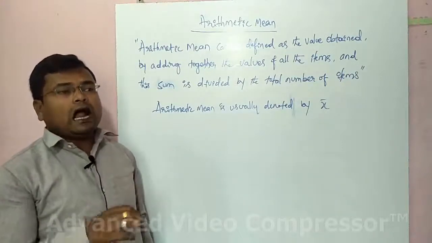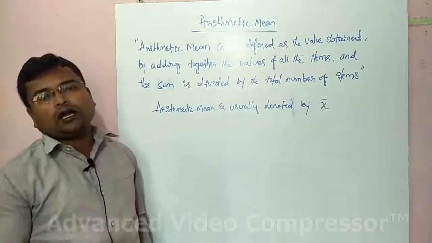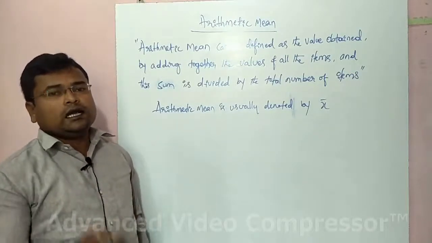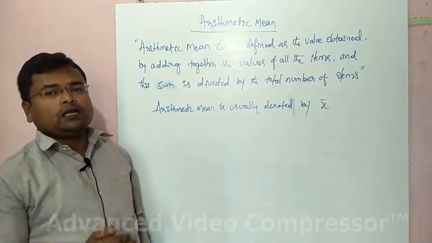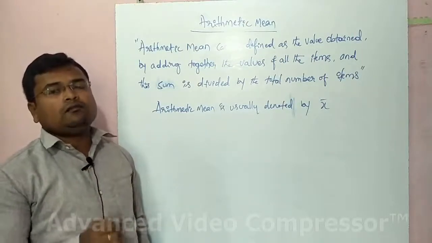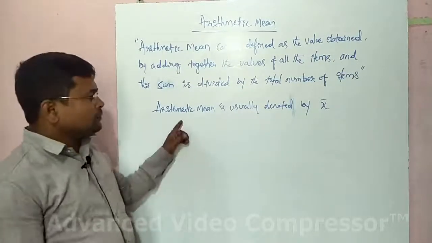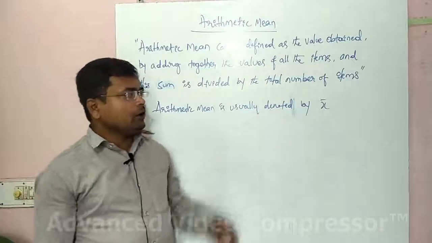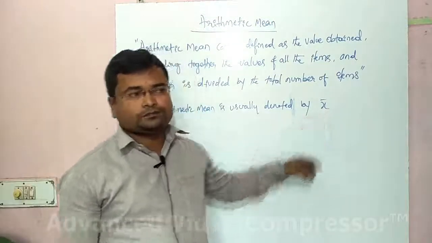First of all we have to add together all those numbers, then we will get one sum, and thereafter we have to divide that sum by the total number of items, then we will get the arithmetic mean. And this arithmetic mean is denoted by the symbol called X bar.